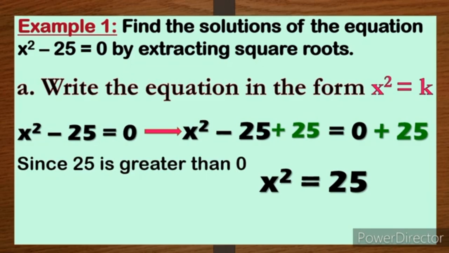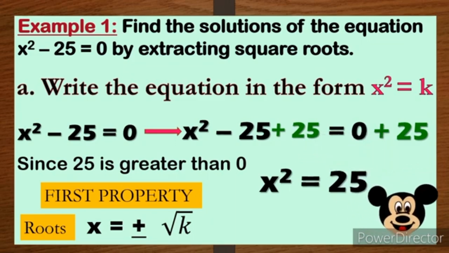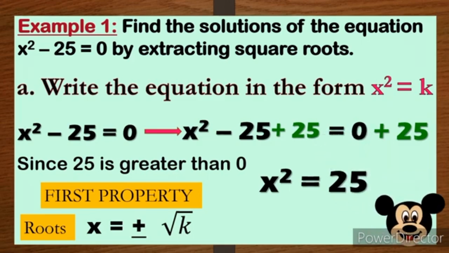Since 25 is greater than 0, based on the first property, kapag greater than 0 ang k, magkakaroon ng dalawang values ang x, and that is plus or minus the square root of k. Okay, so let's continue. What are the two values?